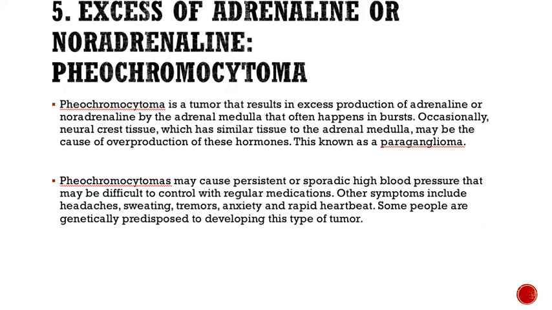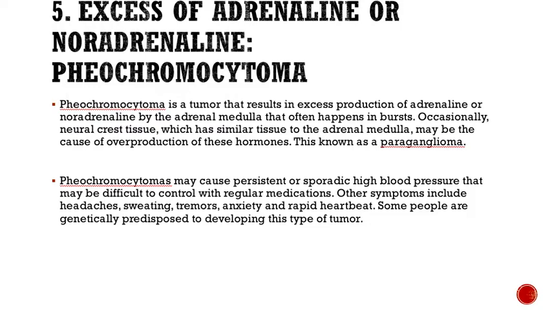Excess of adrenaline or noradrenaline, that is pheochromocytoma. Pheochromocytoma is a tumor that results in excess production of adrenaline or noradrenaline by an adrenal medulla that often happens in bursts. Occasionally, neural crest tissue, which has similar tissue to the adrenal medulla, may be the cause of overproduction of these hormones.